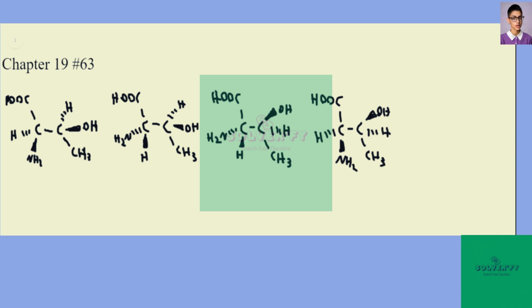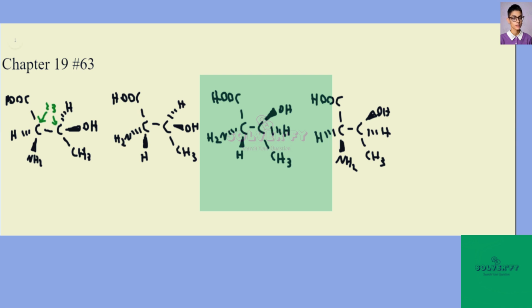Now we need to determine which is the 2S,3R. If we start by numbering the carboxylic acid carbon as carbon number 1, that's going to make this carbon number 2 and this carbon number 3. So we're looking again for 2S,3R.